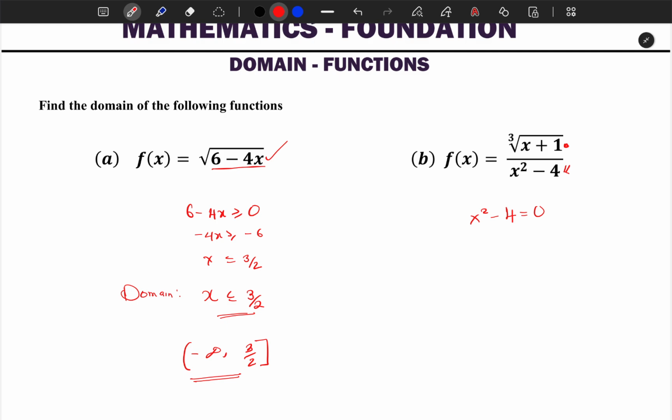That's all. So if we factorize using the difference of two squares, we get x minus 2 and x plus 2, and that is equal to 0. So here we are saying that x is 2 or x is negative 2.